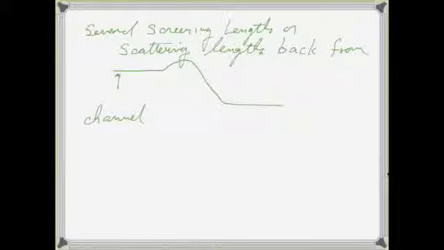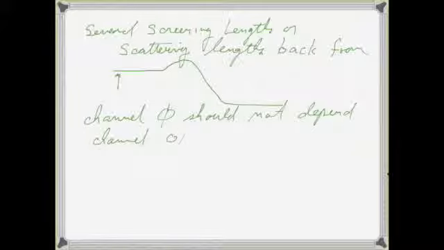It seems like physically phi should not depend on what's going on in the channel, or on the value of mu in the drain. If you go back a couple of scattering lengths or screening lengths, it should be a fairly local function and not depend on what's going on up there.